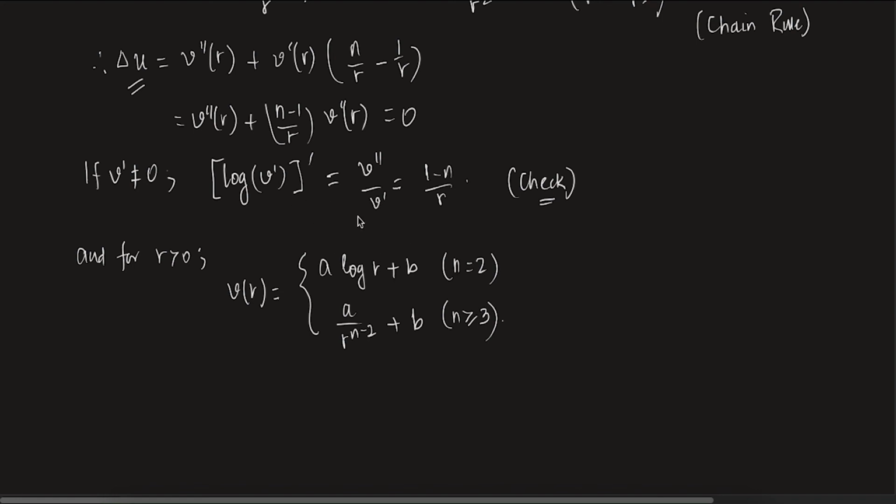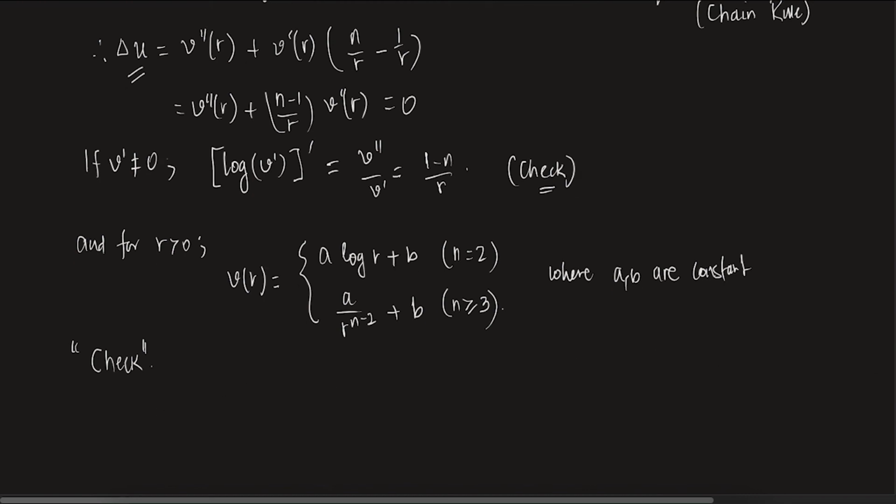So for n equals 2, you get a different expression. For n greater than or equal to 3, you get this expression where a and b are constants. This is just your usual ODE. Again, I emphasize, please check this and get the answer done.